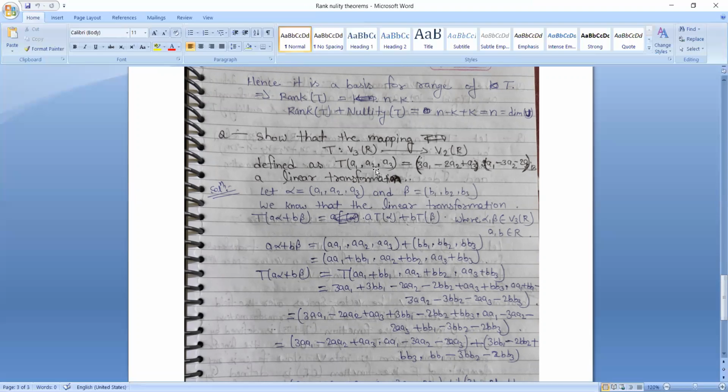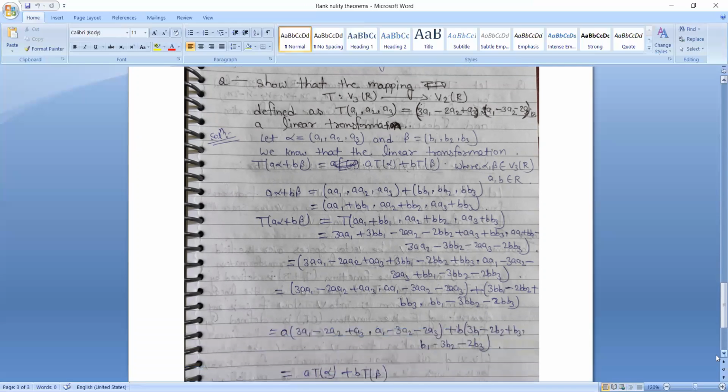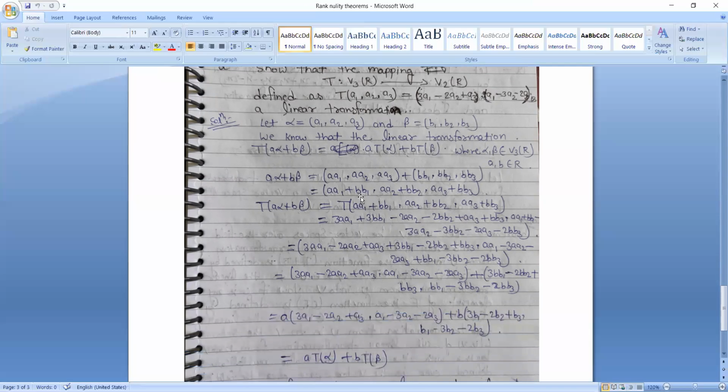We know that for a linear transformation T of a alpha plus b beta is equal to a T alpha plus b T beta. Now a alpha plus b beta is equal to aA1, aA2, aA3 plus bB1, bB2, bB3, which is equal to aA1 plus bB1, aA2 plus bB2, aA3 plus bB3.